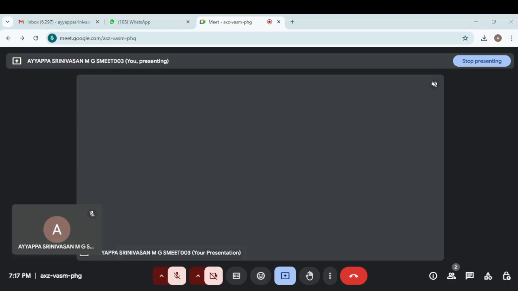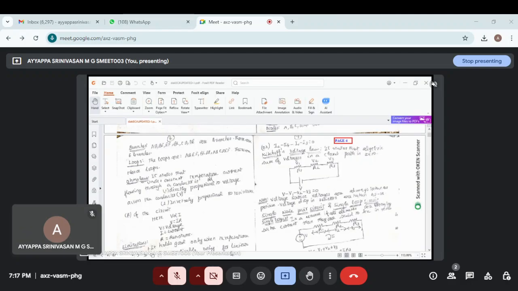Let us consider the next one, Kirchhoff's voltage law. Kirchhoff's voltage law states that the algebraic sum of voltages in a closed path is zero. Usually, it is stated in another way: the sum of voltage rises in a closed path is equal to the sum of voltage drops.